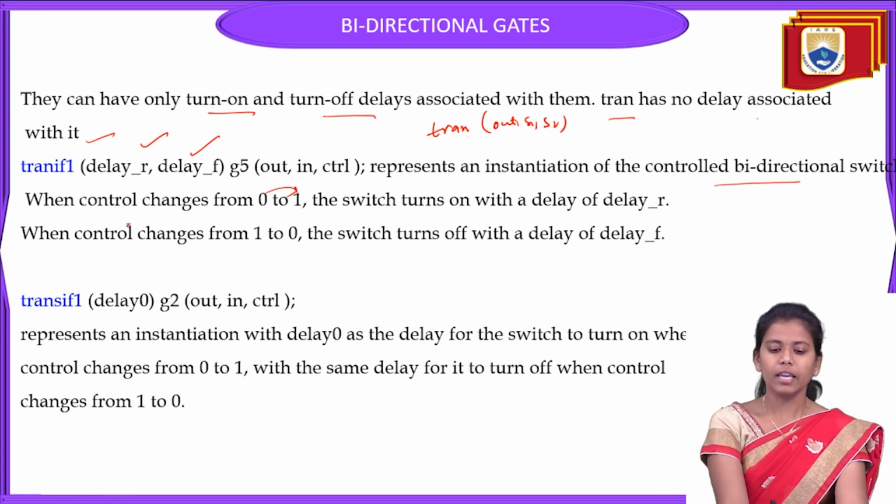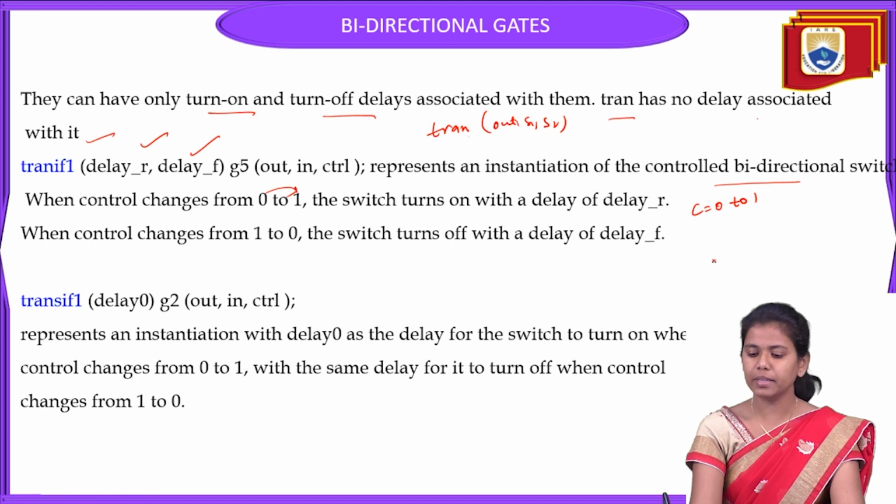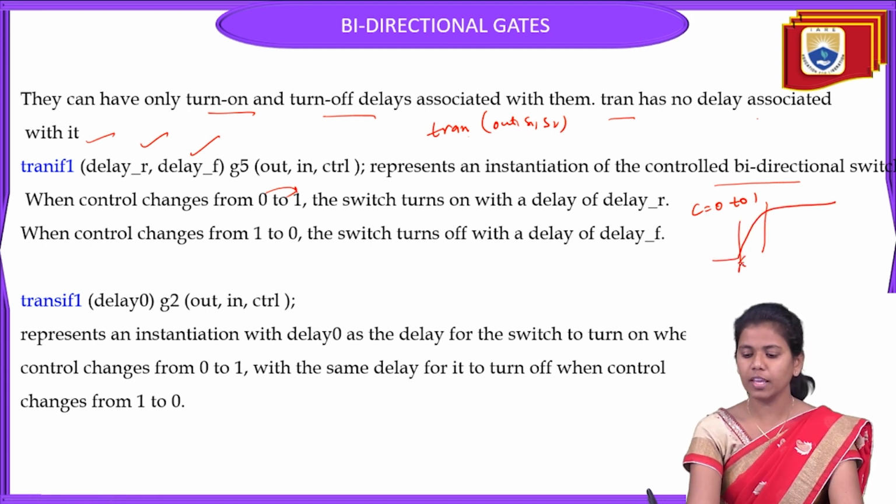When C is going from 0 to 1, there is a rise. This is nothing but the rise time, and here it is the fall time.